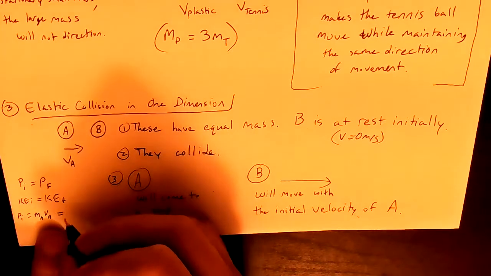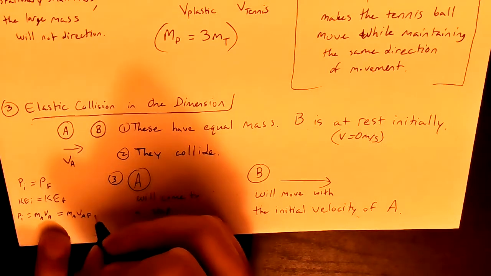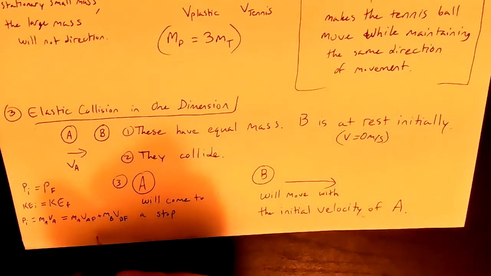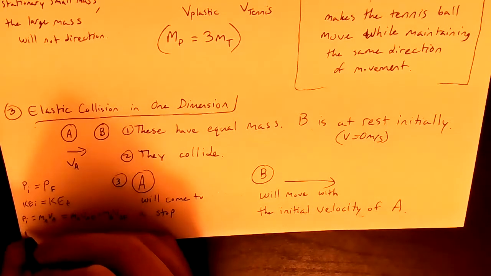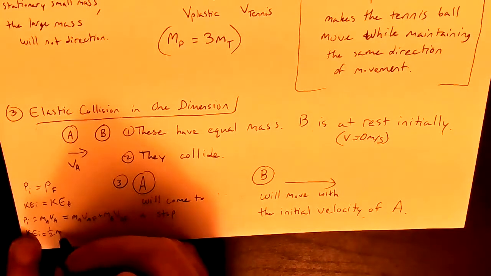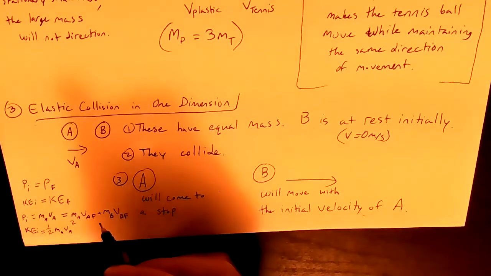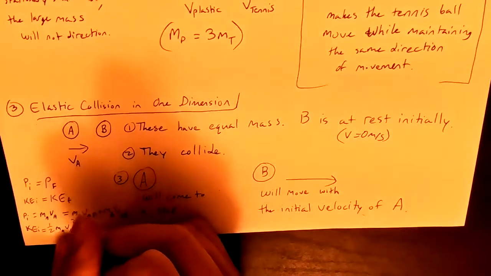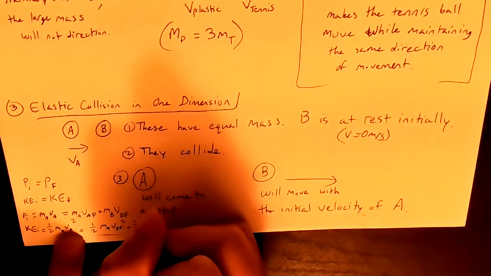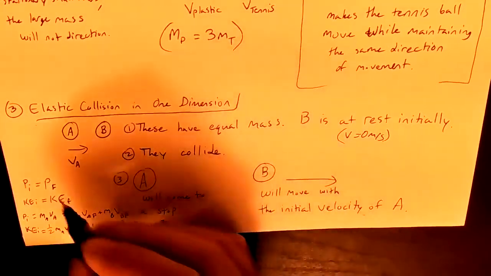And so P final is M_A V_A F plus M_B V_B F. And if kinetic energy is conserved, then we have 1/2 M_A V_A squared, which would have to equal 1/2 M_A V_A F squared plus 1/2 M_B V_B F squared.